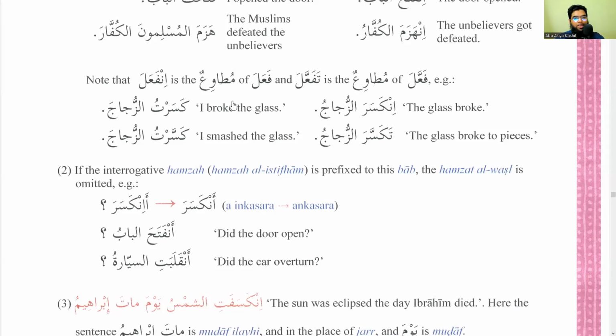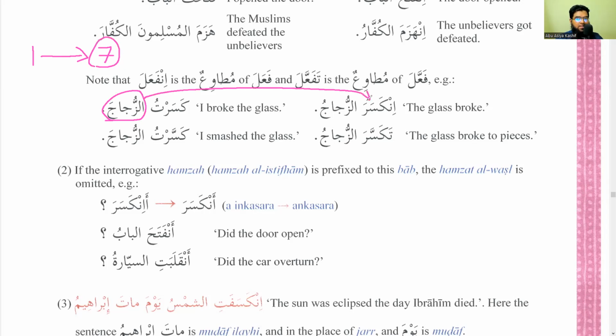And we learned while doing the lesson, form 1 will transfer to form 7. So form 1 and form 7 are brothers. Like Fa'ala, mutawa is in Fa'ala. Like Kasara is form 1, right? Kasartu zujaja. Now I want to say the glass broke on its own without using passive. So I'll go to form 7.